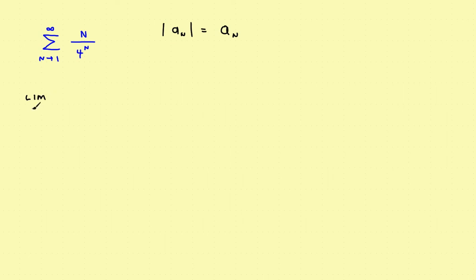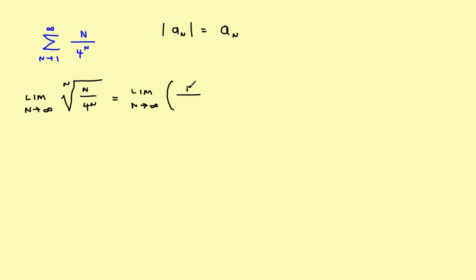So using the root test, I'll do this. I'll take the limit as n approaches infinity of the nth root of n over 4 to the n. And what that's going to give me is the limit as n approaches infinity, and I'll rewrite it, rather than the nth root, as this thing to the 1 over n power.